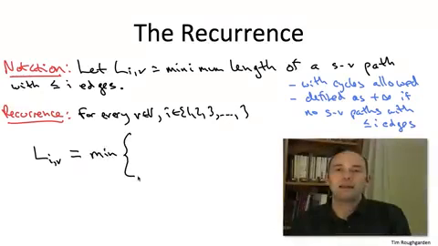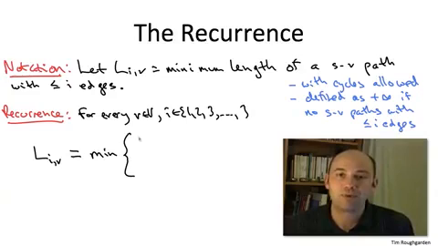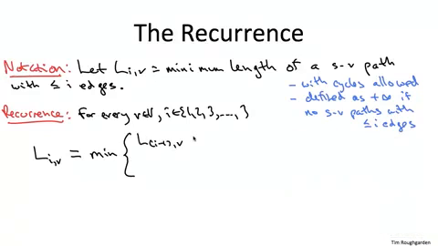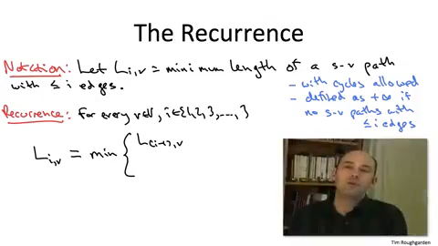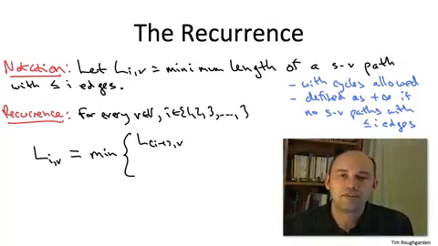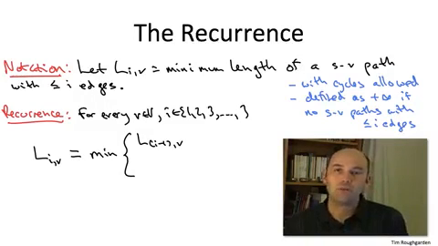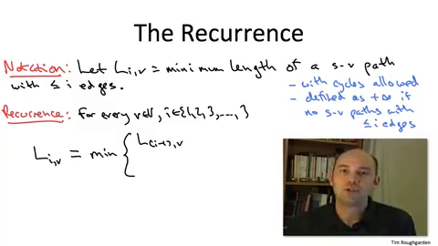The case 1 candidate is simple enough. One option is always just to inherit the best path we found from S to V that uses only I-1 edges or less. And case 2, you'll recall from the quiz at the end of the last video, really comprises a number of subcases, one for each choice of the final hop. So here we're going to have another minimum ranging over all possible edges WV.